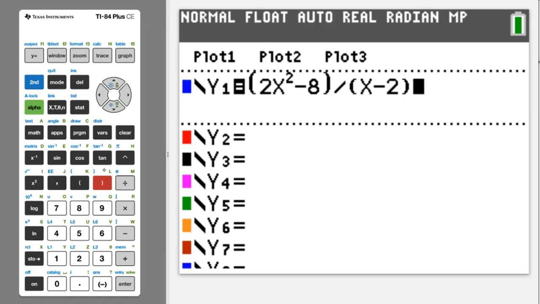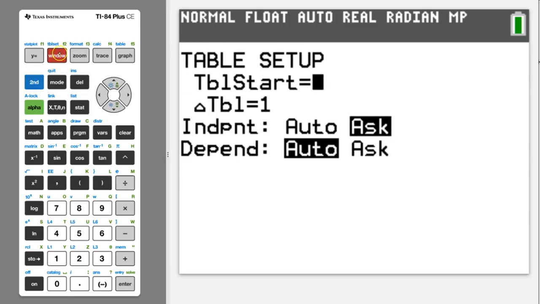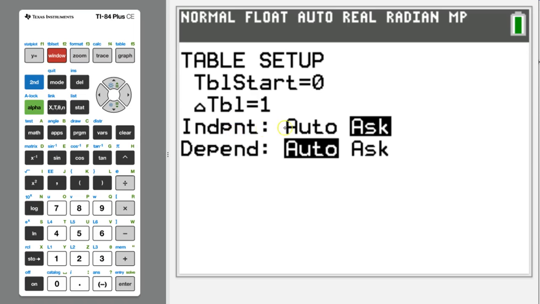Now I want to let the calculator do the work for me, so I'm going to make a table. First I go to second, window, that's Table Set, and make sure it says Independent: Ask. That way the calculator asks you for the x values and you type them in.